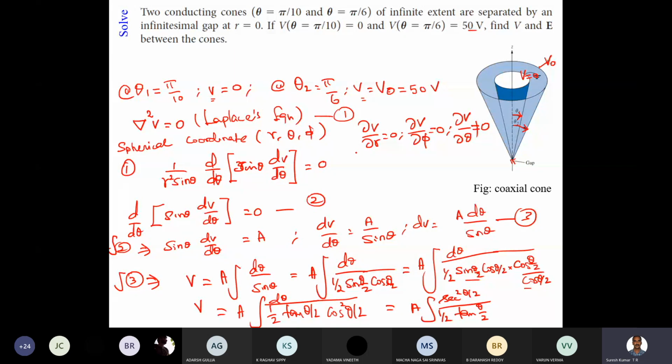So I will clean this page. Is it clear until this step? Is it correct? Okay, I will continue here, in the top space. So we need to try to relate this tan and secant square theta.